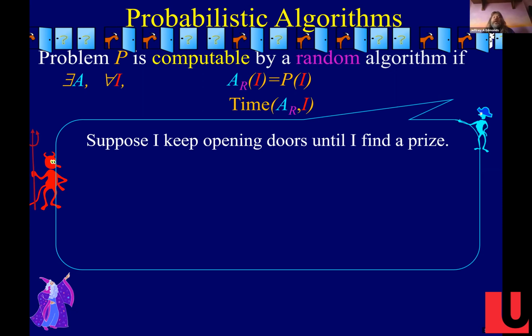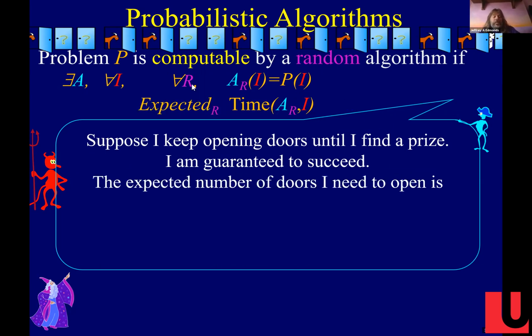Then the algorithm is guaranteed to find a prize, no matter what your coin flips are, because your algorithm is to keep opening doors until you find a prize. It might take you up to n over 2 door openings.